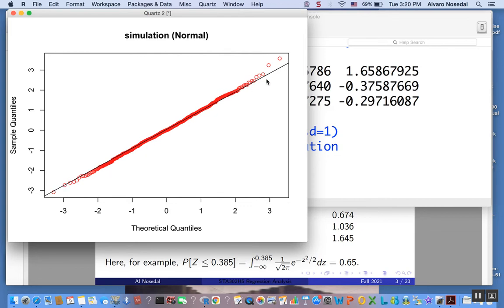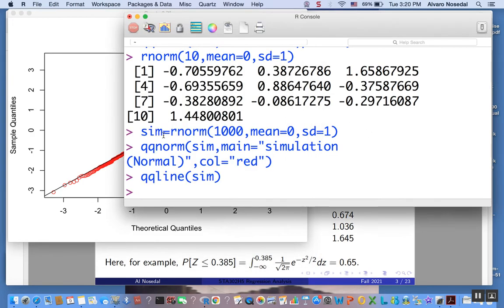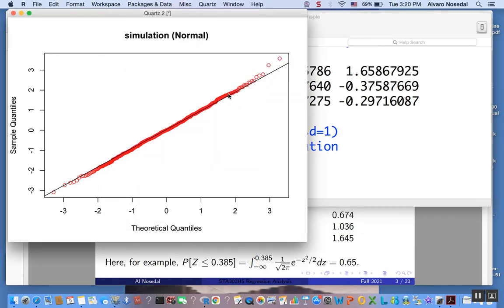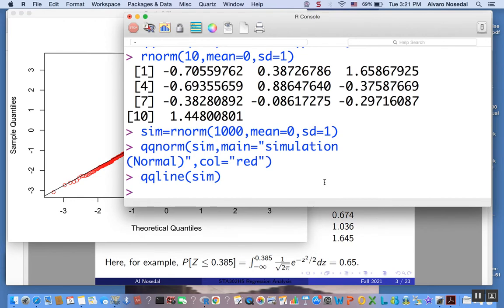Even when the normality assumption holds exactly, because we are generating these numbers from a normal, there is some slight deviation with respect to that line, which is what the theory tells us. Some small deviations even when the normality assumption holds exactly.